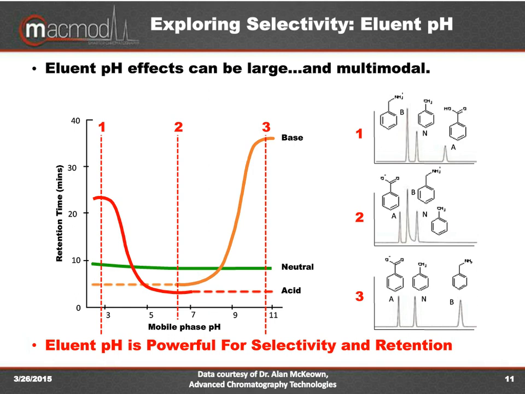However, there are a lot of times where type B phases may not perform so well for bases due to overloading, due to being too inert or too free of metals and silanols, so they will tend to give poorer peak shape at low pH.